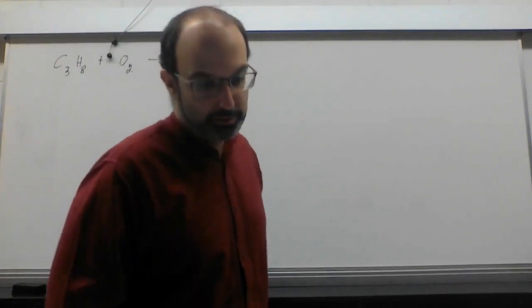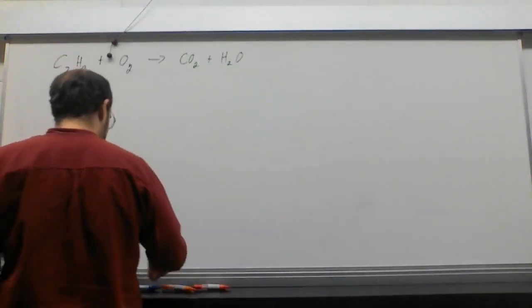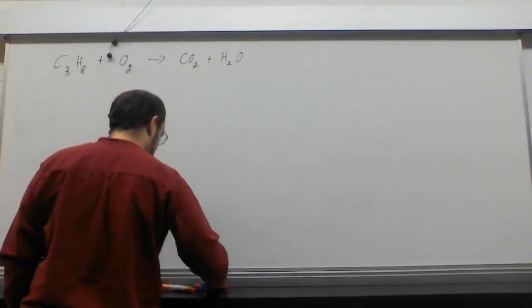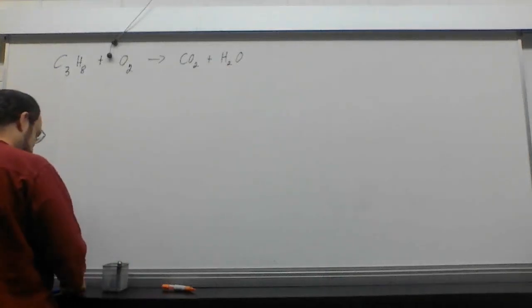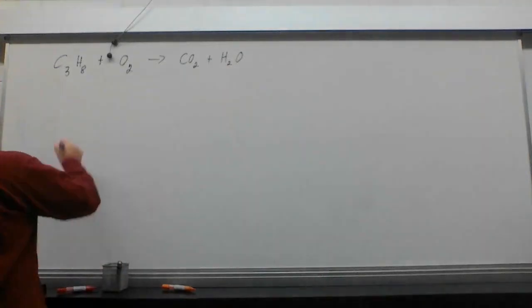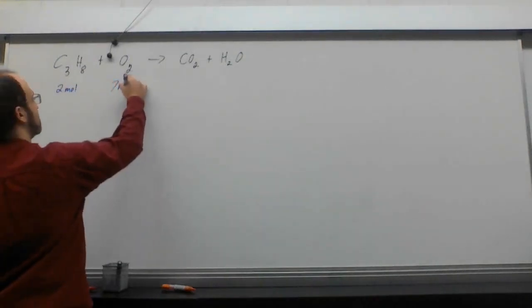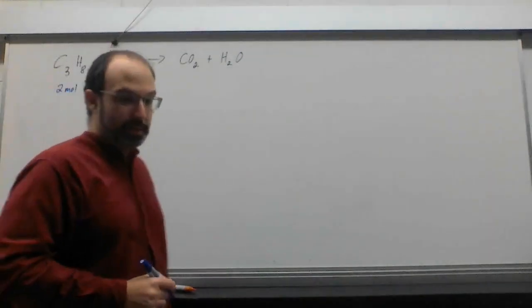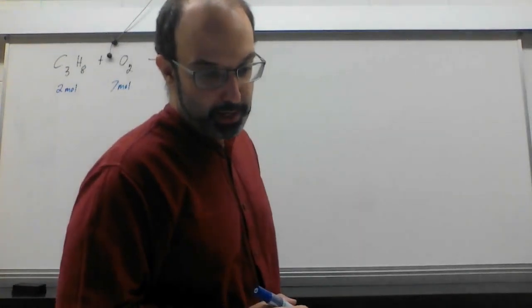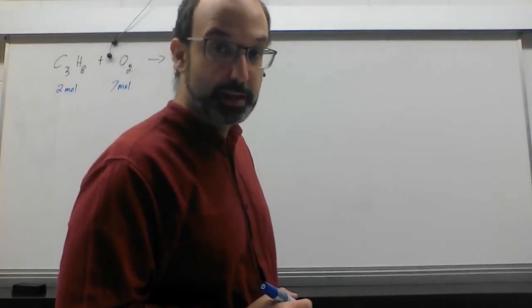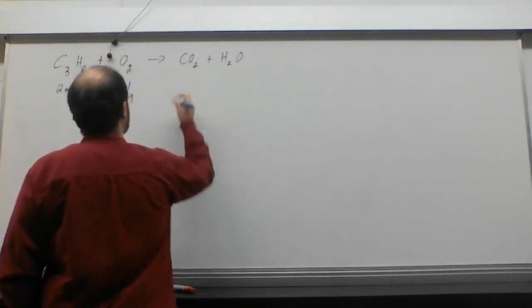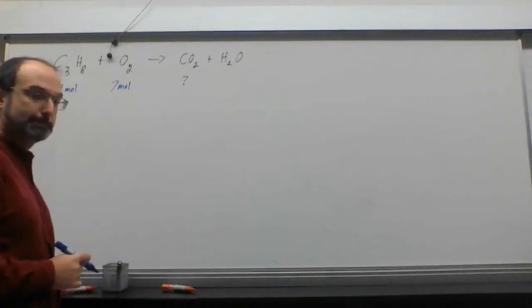And it tells us that we're going to have 2 moles of propane and 7 moles of oxygen. And the question further says, how many moles of carbon dioxide do we make? Okay, so I want to know that.